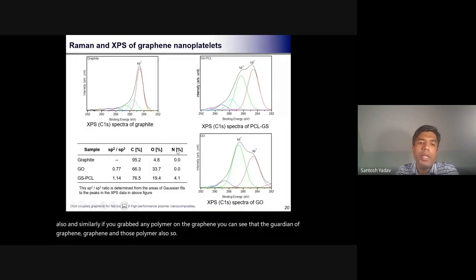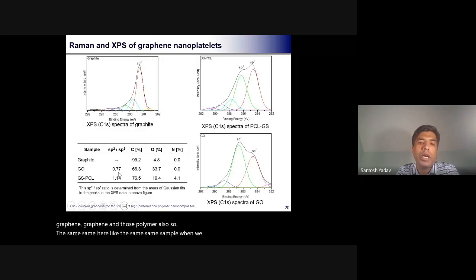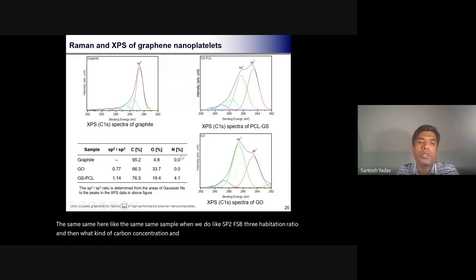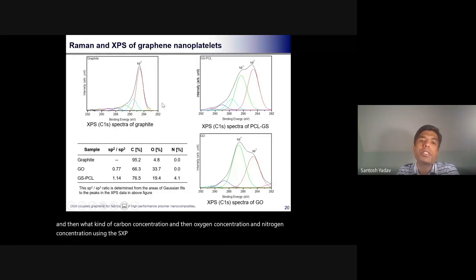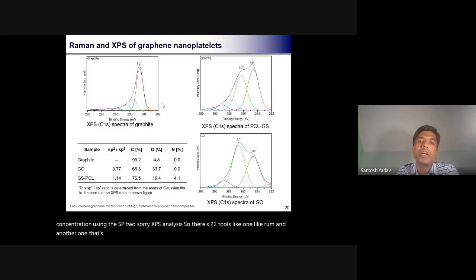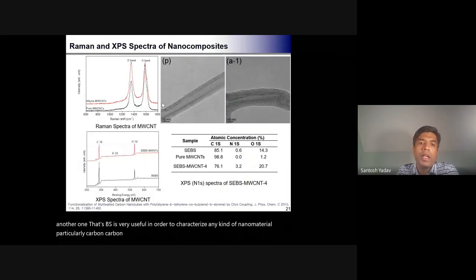The same here for the same sample, we determine the sp2 and sp3 hybridization ratio, and the carbon, oxygen and nitrogen concentration using XPS analysis. So these two tools, Raman and XPS, are very useful in order to characterize any kind of nanomaterial, particularly carbon-based nanomaterials.